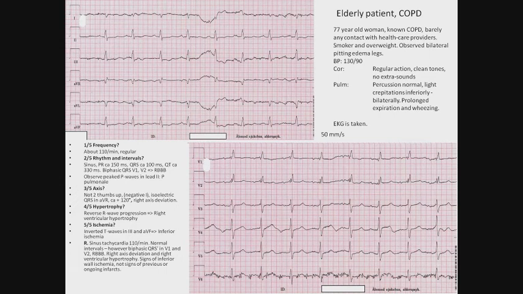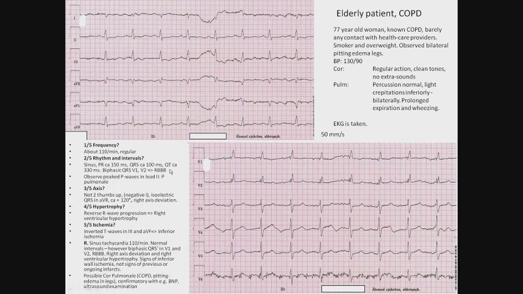And there's also signs of right ventricular hypertrophy due to the reverse R-wave progression. There's also signs of inferior wall ischemia, but we can see signs of previous infarcts, like significant Q waves, and there's no signs of ongoing infarcts at the present.